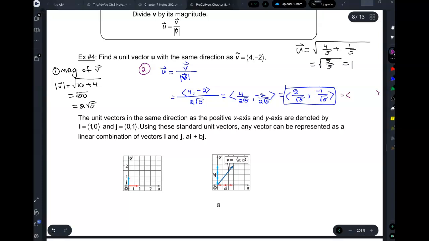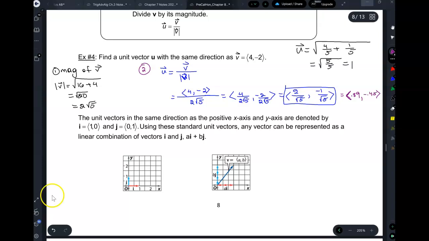Can somebody tell me what 2 over root 5 is? 0.89, right? So it's about 0.90. And then the other one is half of it, 1 over root 5. So it's about negative 0.45.